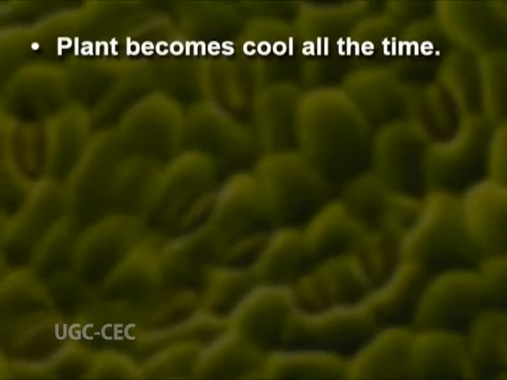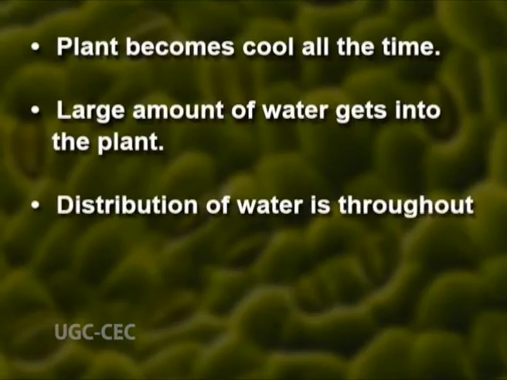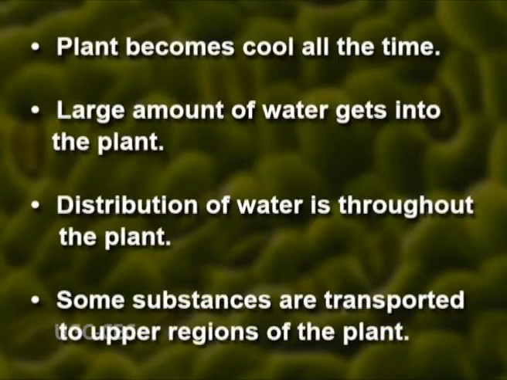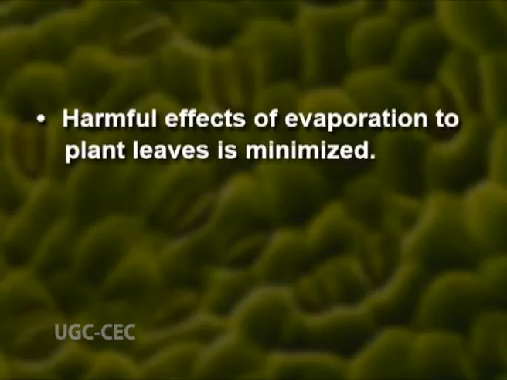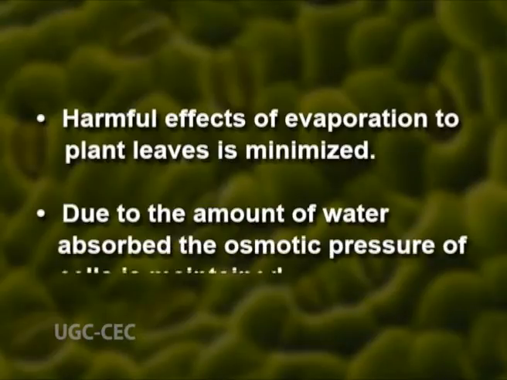The advantages of this process are: the plant stays cool, a large amount of water gets into the plant, water is distributed throughout the plant, some substances are transported to upper regions of the plant, harmful effects of evaporation on plant leaves are minimized. Due to the amount of water absorbed, the osmotic pressure of the cells is maintained.